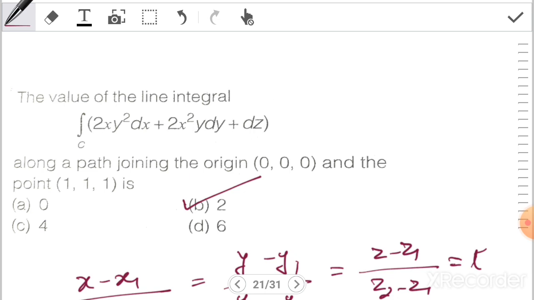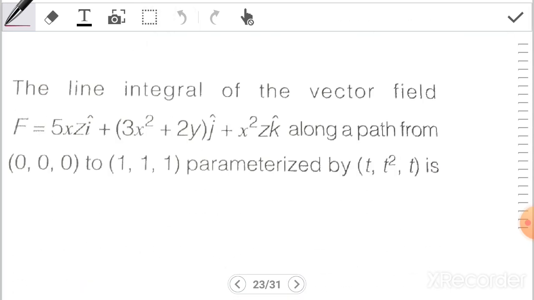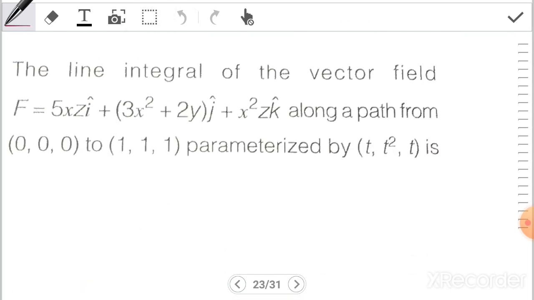Now let's go to the next problem. The line integral of the vector field along a path from 0, 0, 0 to 1, 1, 1 parameterized by t, t square, t.